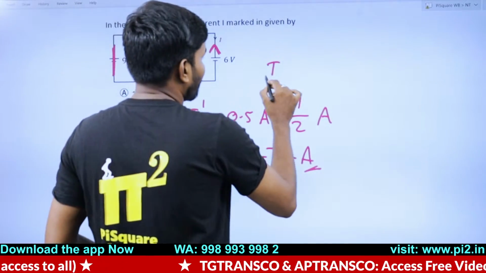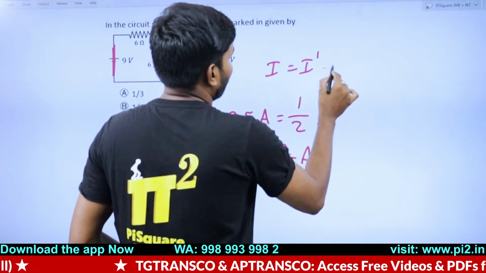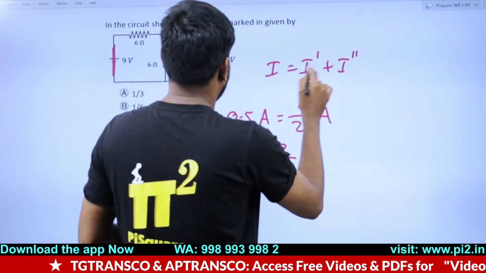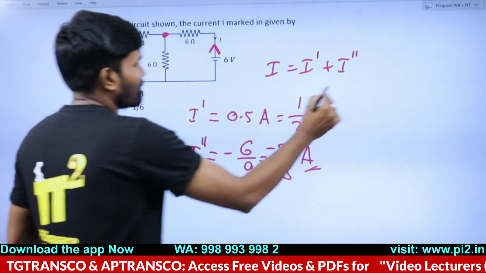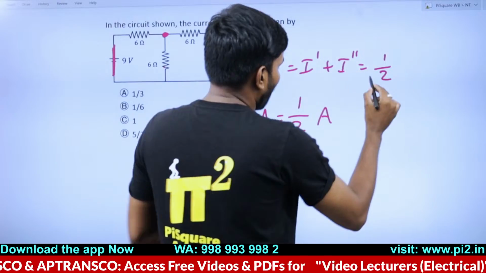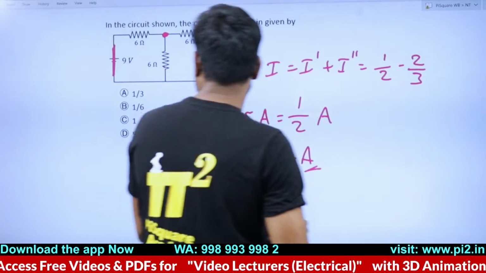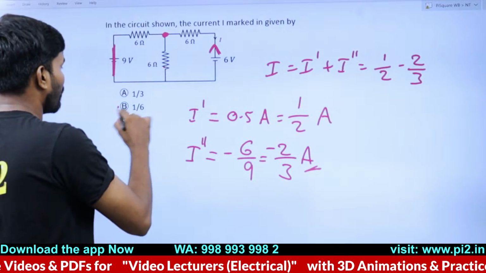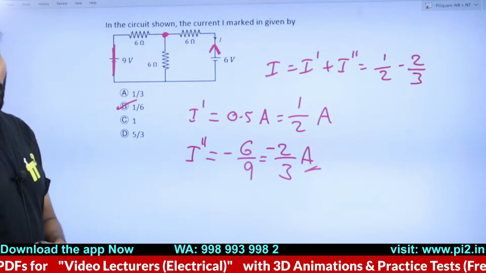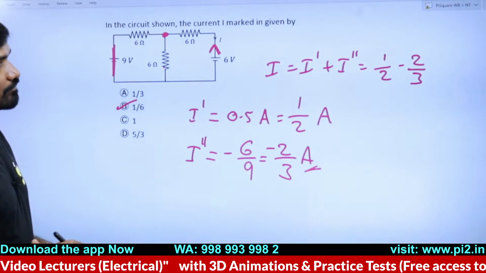So I is equal to the algebraic sum of I prime and I double prime. Simply 1 by 2 plus minus 2 by 3. If you solve it, you're going to get 1 by 6 as the answer. Okay.